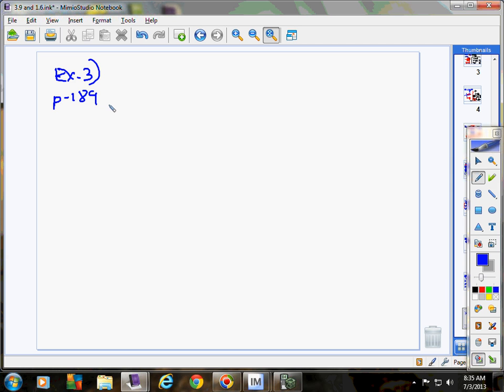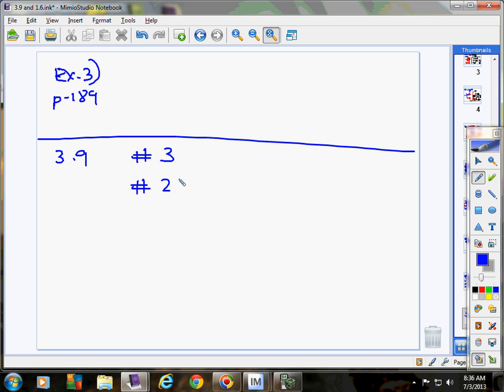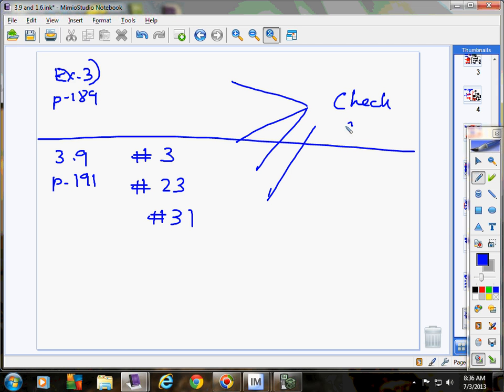Use the book steps and be sure you know where every step comes from. Then I want you and your partner to do number 3. This is on 3.9. 23, 31. Check all answers with your book. The last 3 are in the back of your book.